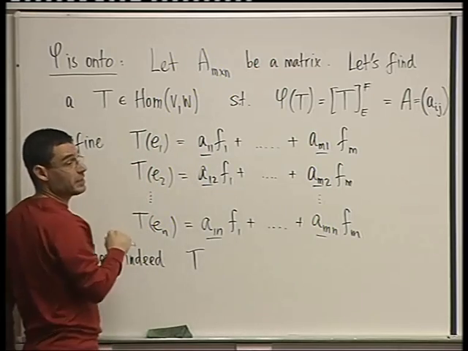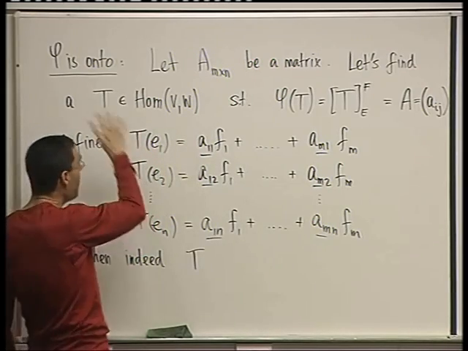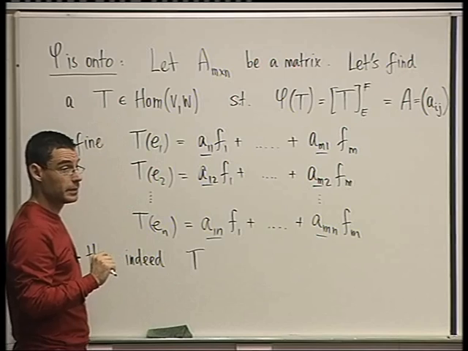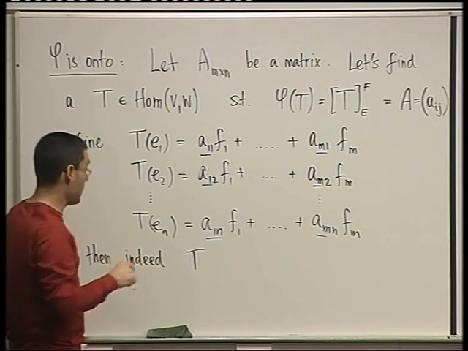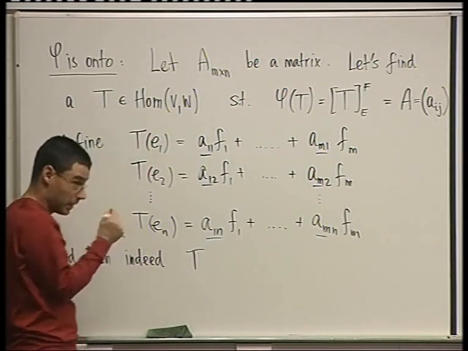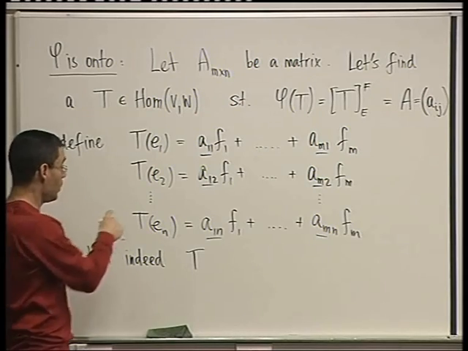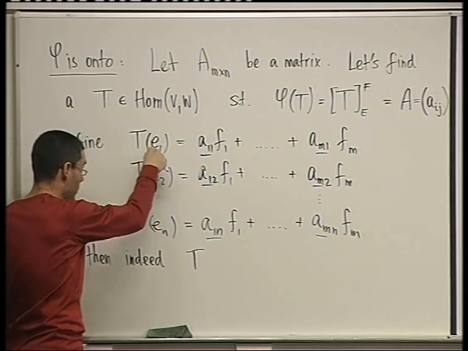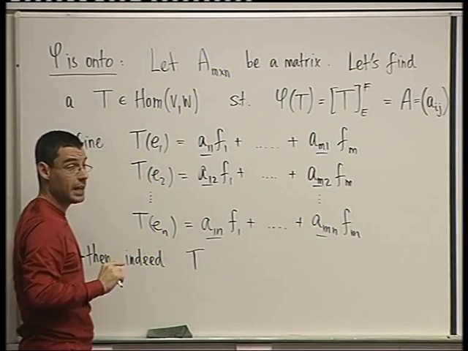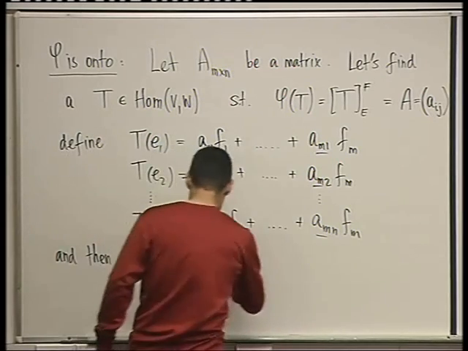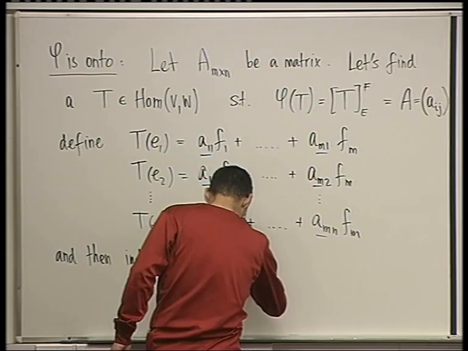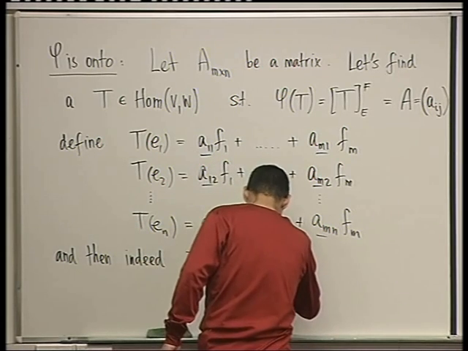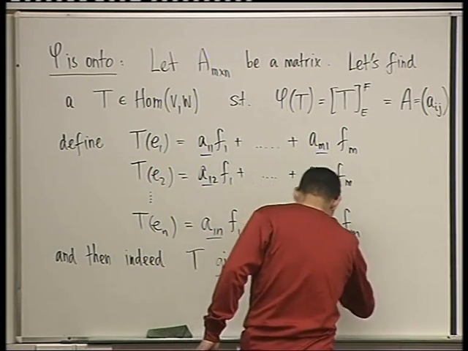We're looking for a T in Hom(V,W). So we need to prove that the T that we defined is linear before we can... Right, and in fact what I'm saying is, if we want to be completely precise, we didn't define T yet. We just defined what T does to E1 through En. Okay? Then indeed T gives rise to a linear map.